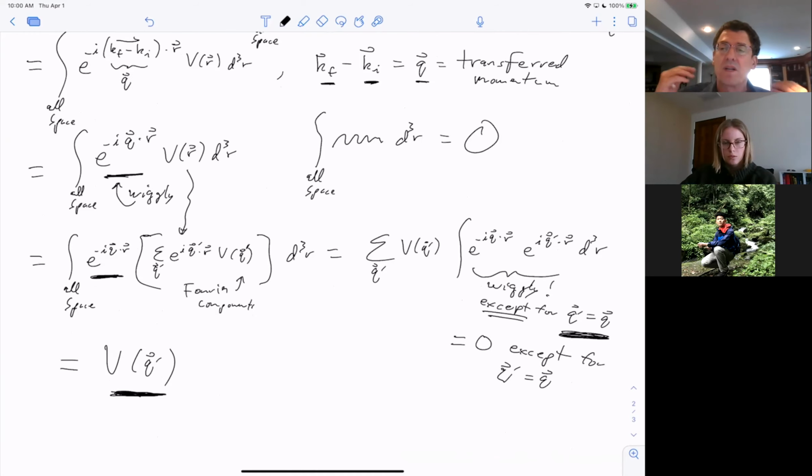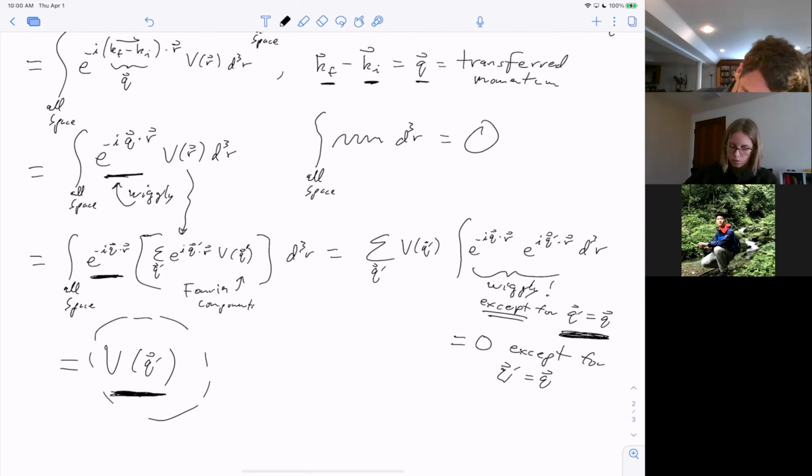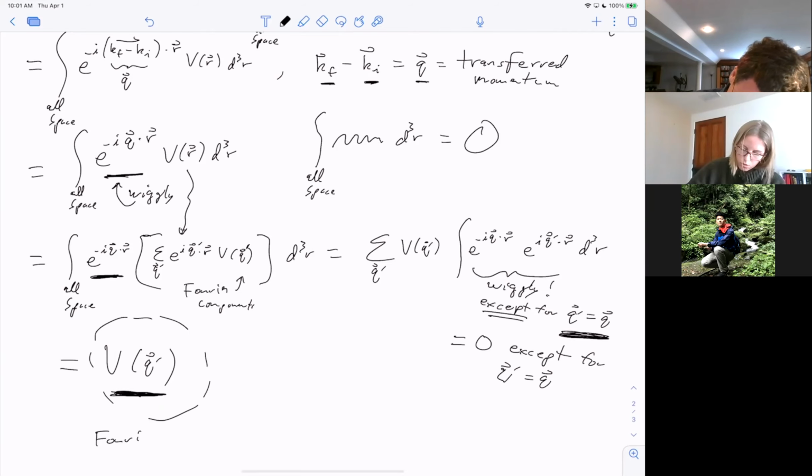It's just a Fourier transform, but from the physics intuition, the idea is that this matrix element, all the components of it equal zero, except for the one component where the potential is providing the momentum that goes to the particle. And so that's the way to think about it. You can think about this as the Fourier component of the potential.